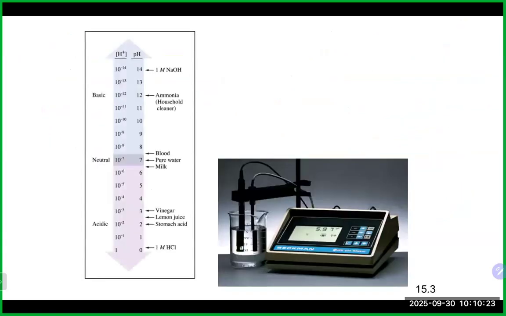All right, let's take a look here. We have our pH scale here. As I mentioned, we have a strong base, which is up there at 14, strong acid down there at 1. We have blood, milk, some pure water. We have obviously some vinegar, some acids, some household cleaner.